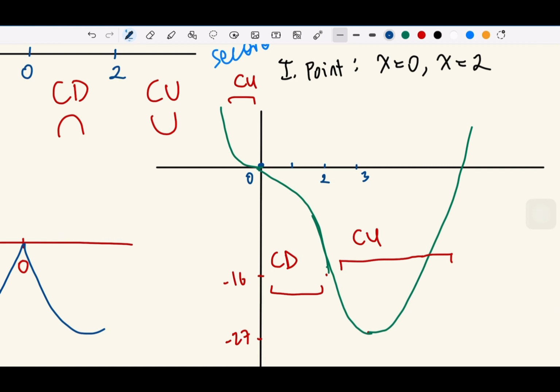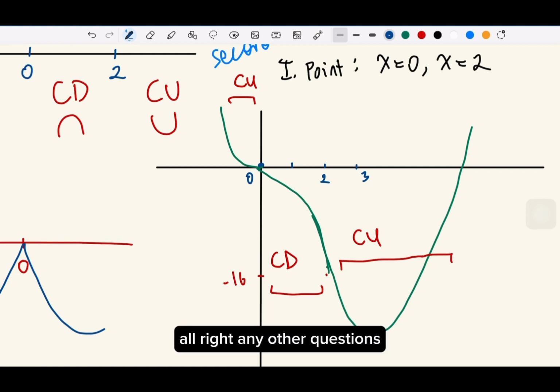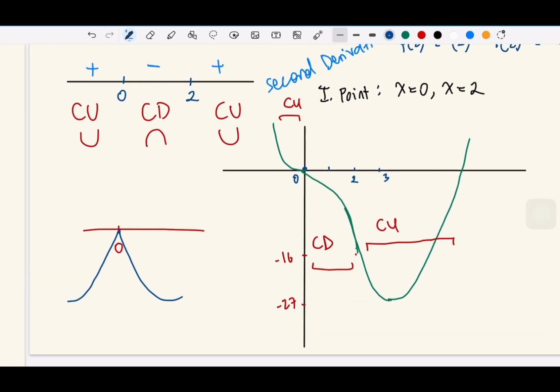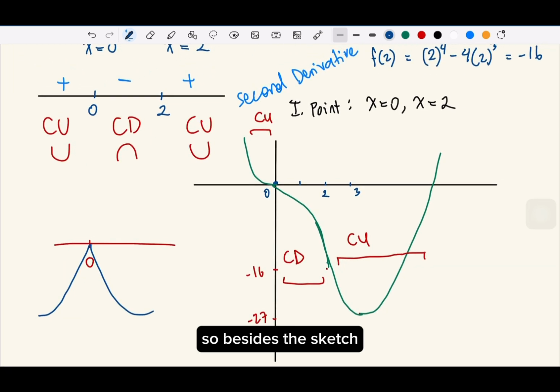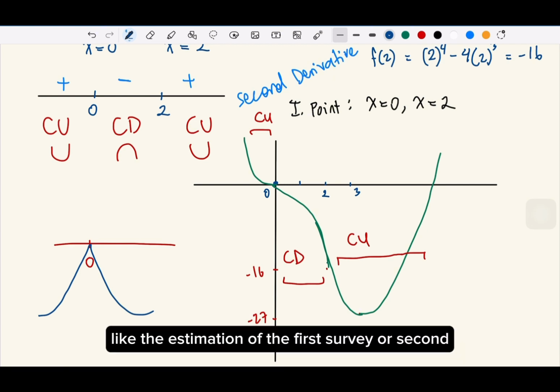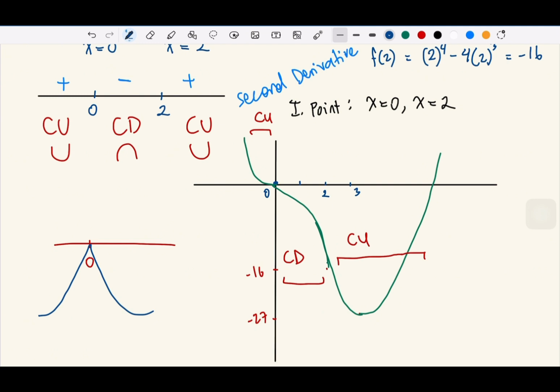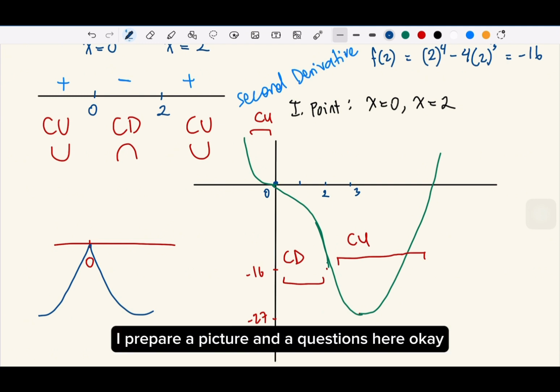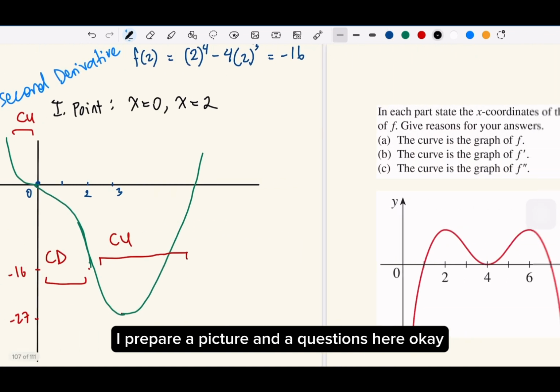Okay. All right. Any other questions? So besides sketching the curve, another point that we are going to observe is how we can know from the graph the estimation of the first derivative or second derivative. So for example, I prepared a picture and questions here.